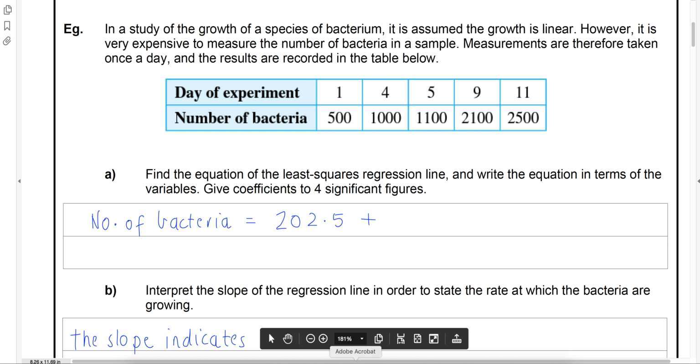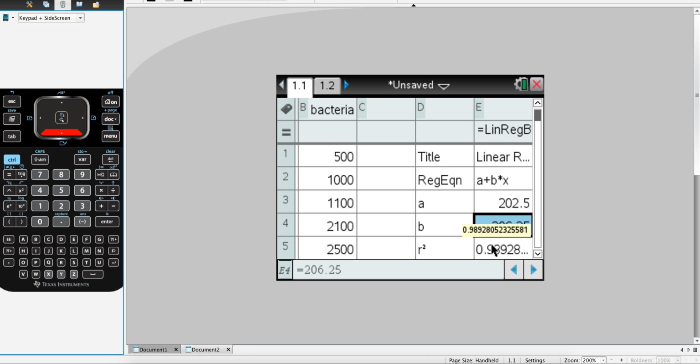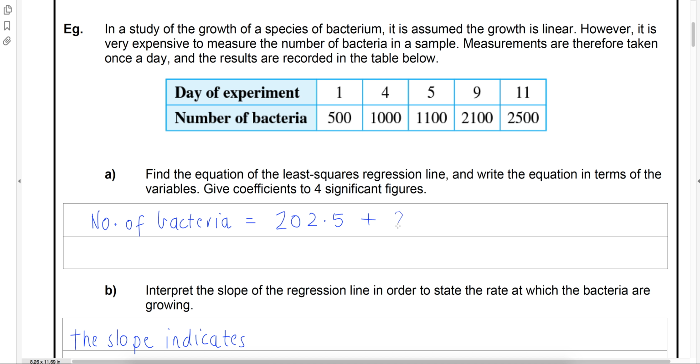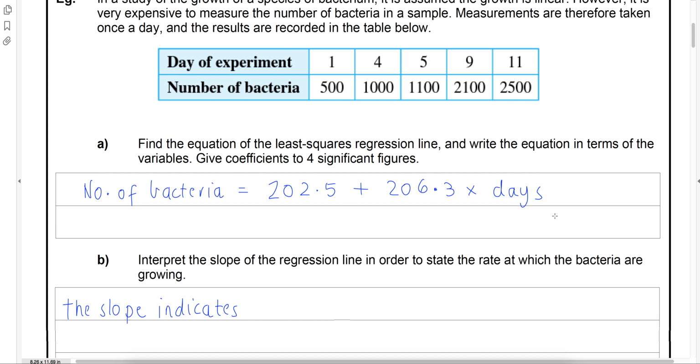And it's positive, my B value is positive, 206.3. Now that's multiplied by the EV. So this is in the form y equals A plus BX.